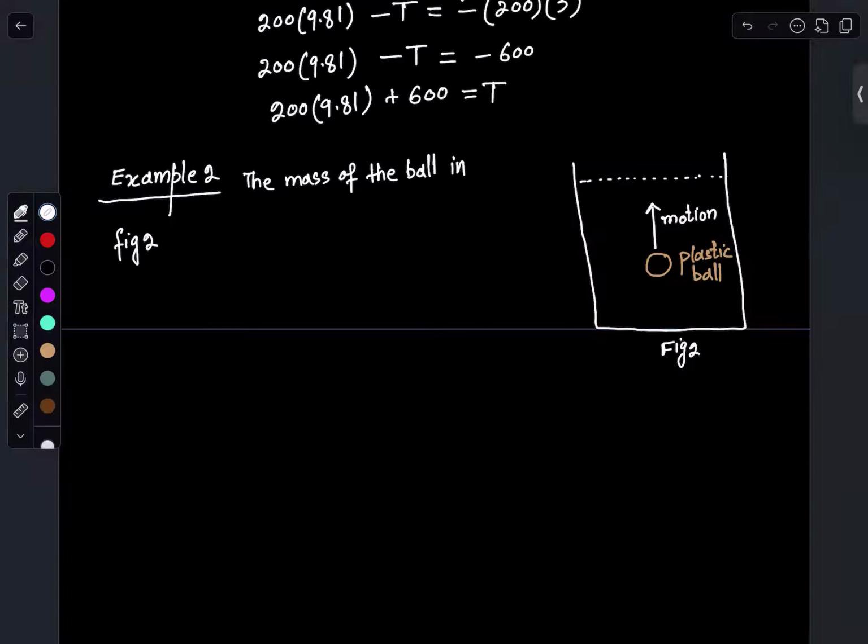Box bana do. They have given you a box, and the box is sliding downwards. This is the motion of the box. And the box is also accelerating.